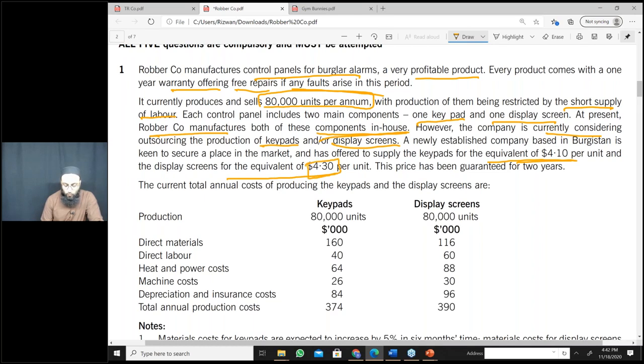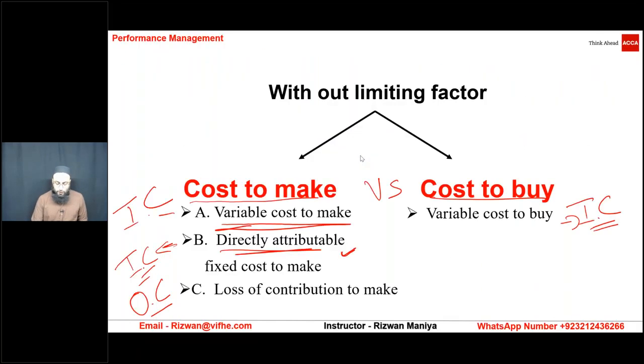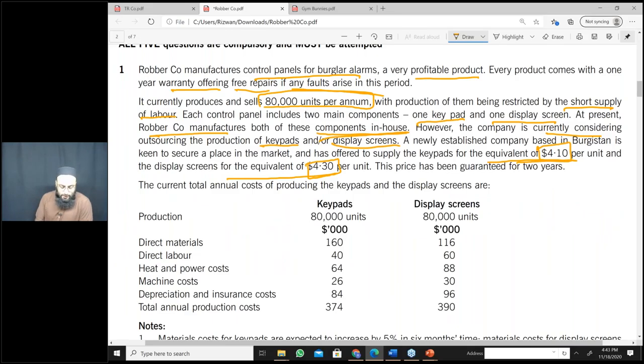Now, what is this 4.1 or 4.3? As per our presentation, this is basically cost to buy. This is variable cost to buy, the cost that you will incur if you buy from outside. The current total annual cost of producing the keypads and the display screen are as follows.